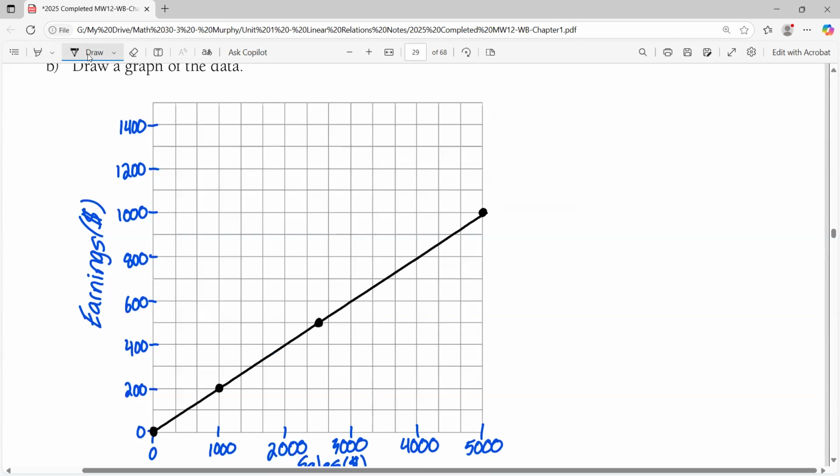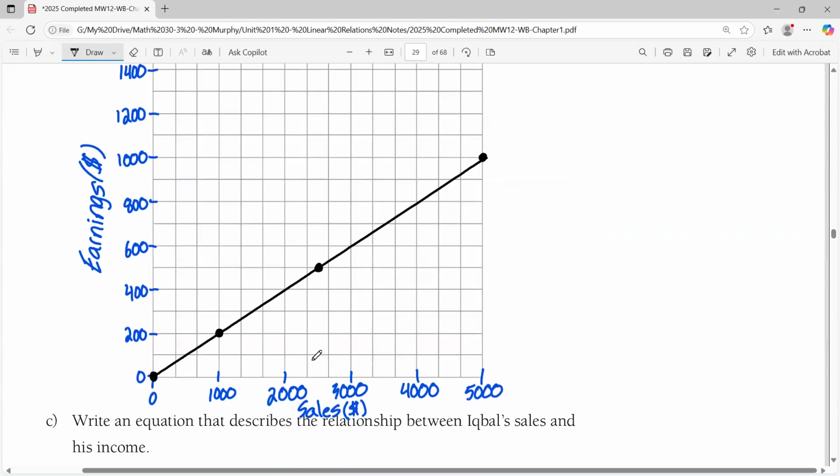That's better. Okay, so there's our graph. And what it's showing is you could go along here now with your graph and go, okay, if I sell 3,000, I'm going to make $600. So it's kind of a useful tool here.